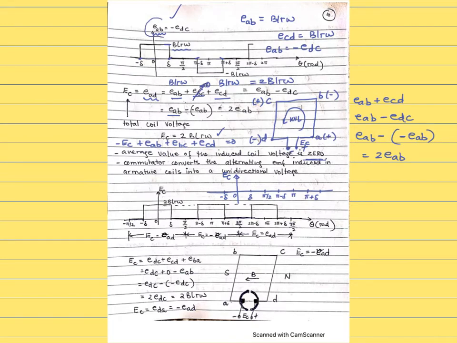In this case, the value is 2BLR omega. And you can see how the coil voltage is from A to D, entire A to D. So when it's from negative delta to delta, its value is positive. That's from A to D, as we have seen in this diagram.